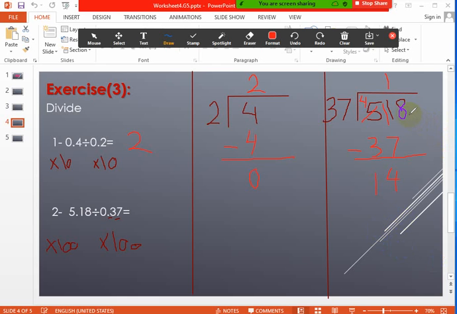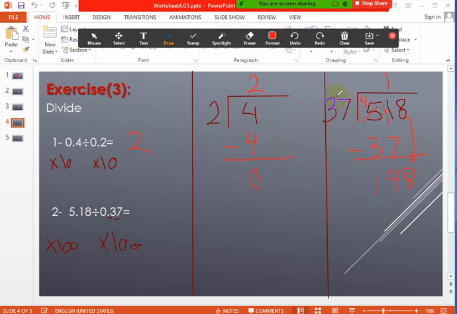Yes, what do I have to take now? I have to take the 8 down and put it next to the 14. So the number becomes what? Very good. 148 divided by 37. I want you to think about a number.